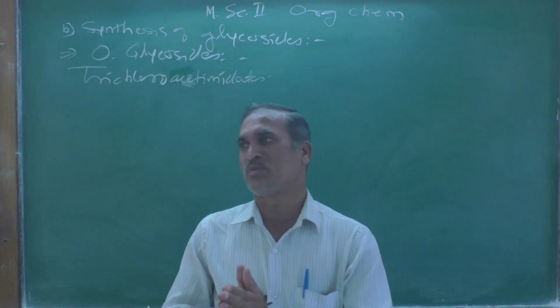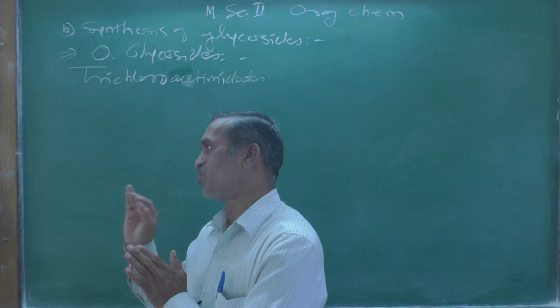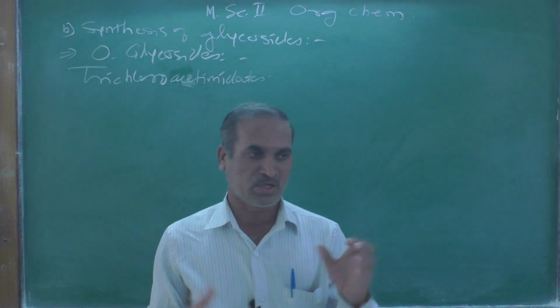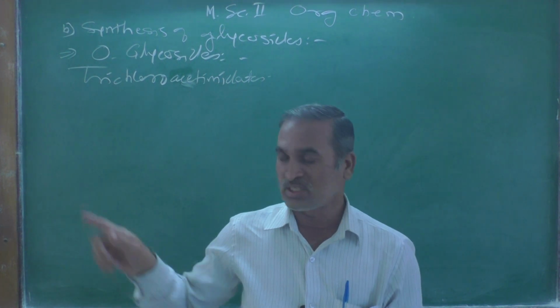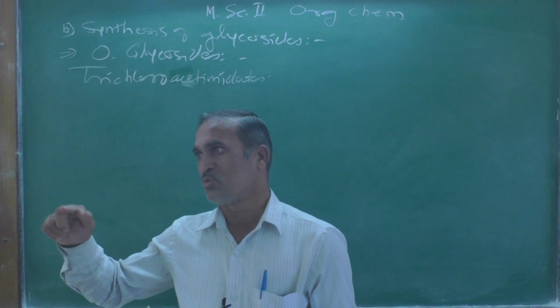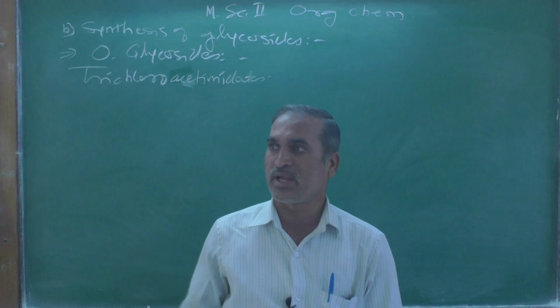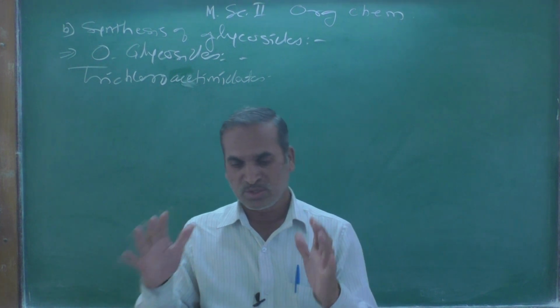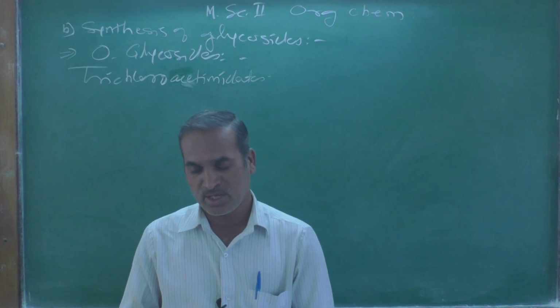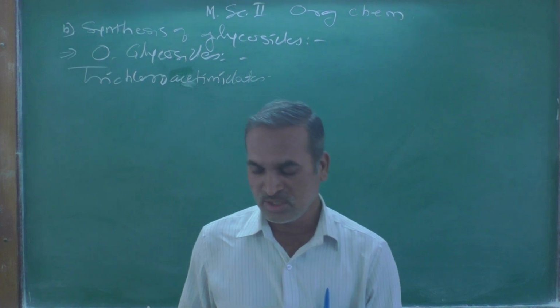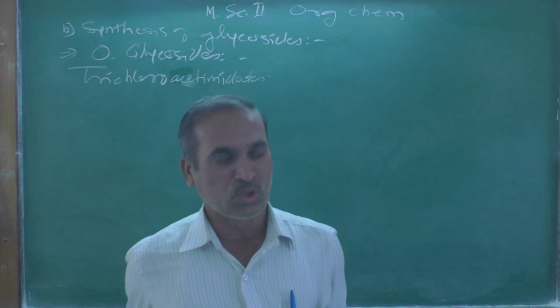O glycosides means there is formation of the bond and elimination of a water molecule takes place, and a linkage occurs, C-O, or that is an ether oxide linkage is formed, so that is also referred to as O glycosides, or the synthesis of oligosaccharide.